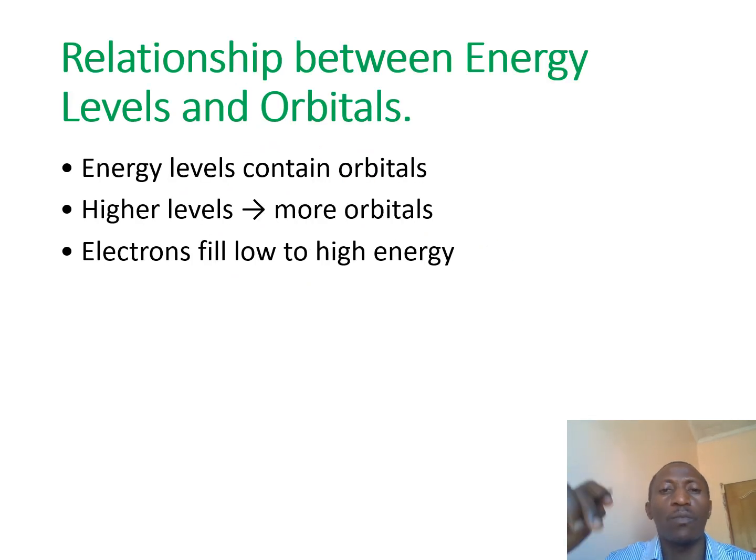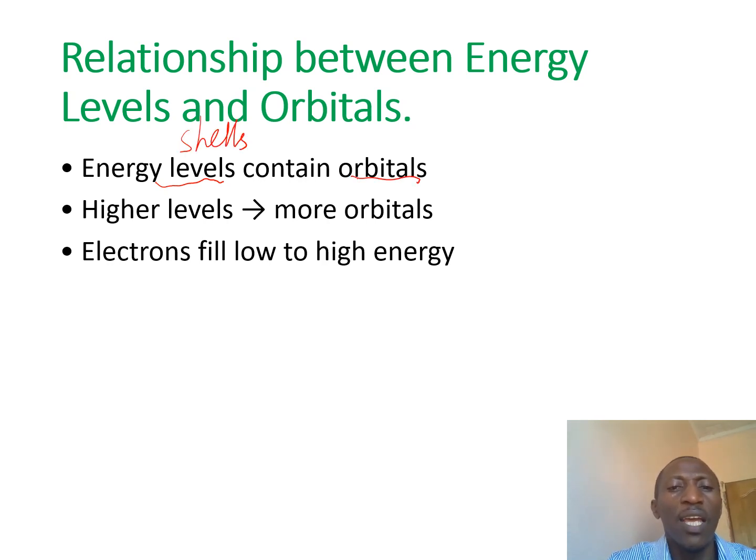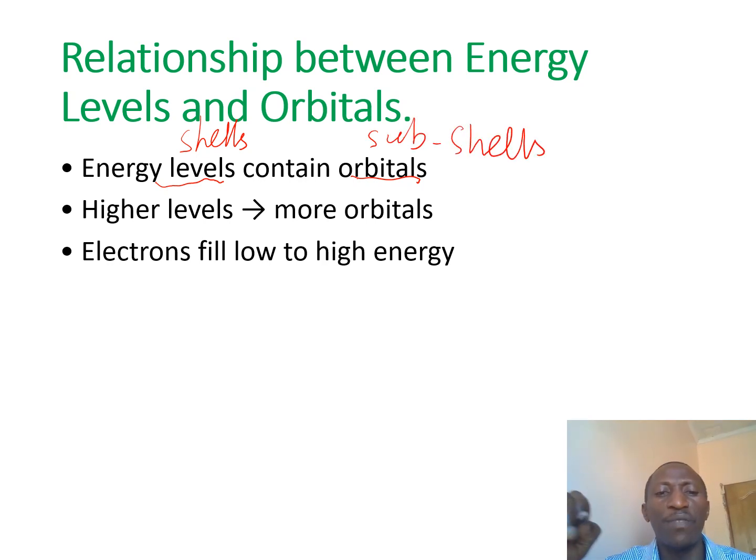Let's move on. What is the relationship between energy levels and orbitals? We are saying that the various energy levels contain the orbitals because energy levels are the shells while orbitals are the sub-shells. That is very important, that various energy levels contain a given number of orbitals depending on the energy level.